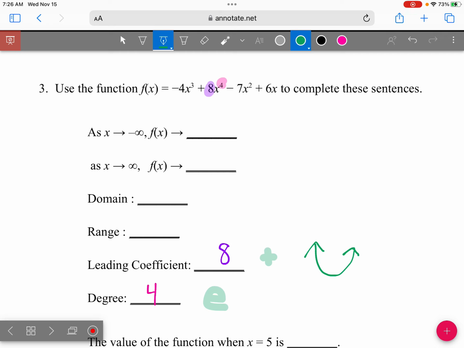That means our end behavior, with both of them pointing up, they're both going to be what? Positive infinity, yeah. So the end behavior is just describing our arrows.